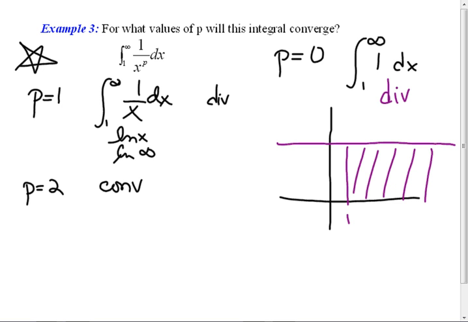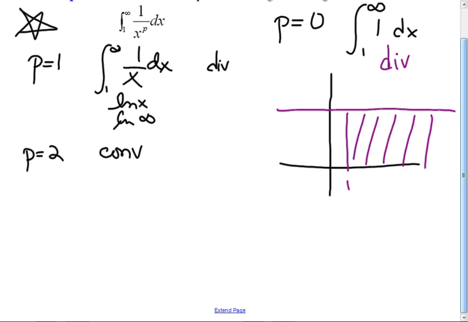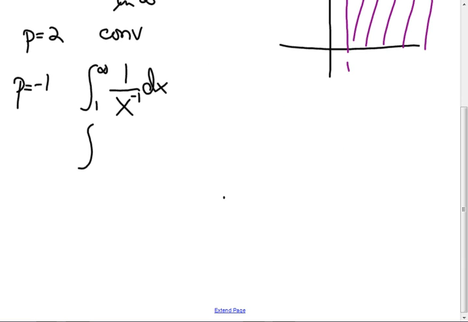Where do you think the dividing point is? What if p is negative? Let's let p be negative 1, because you'll see what happens. If p is equal to negative 1, then I'm integrating from 1 to infinity 1 over x to the negative 1, which is the integral from 1 to infinity of x dx. Well, we know what that looks like.